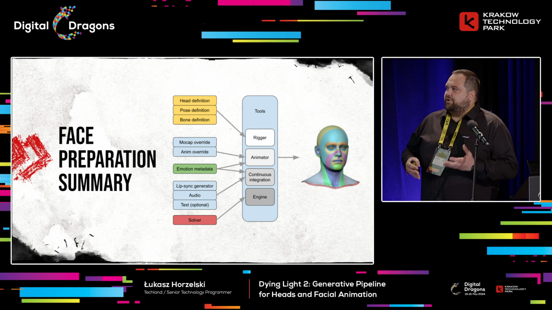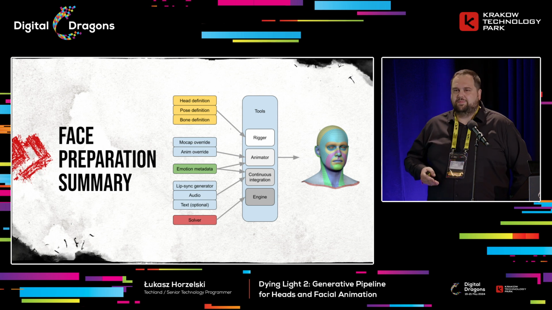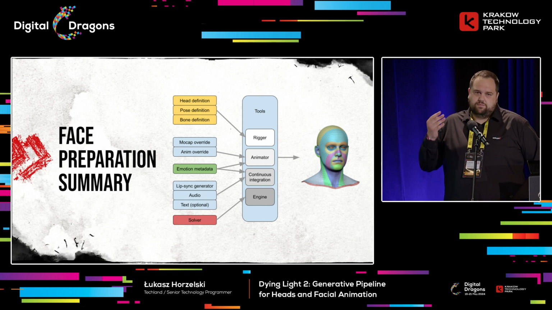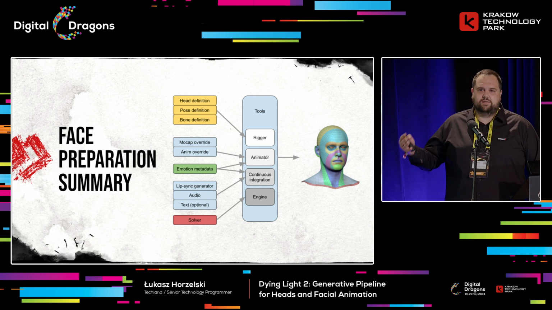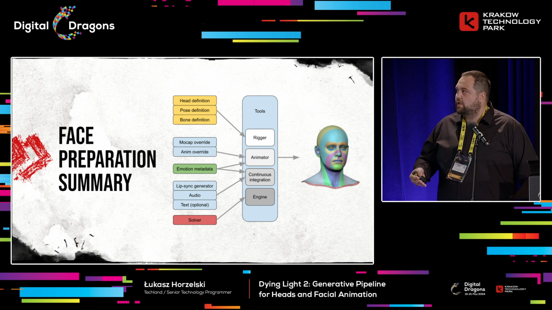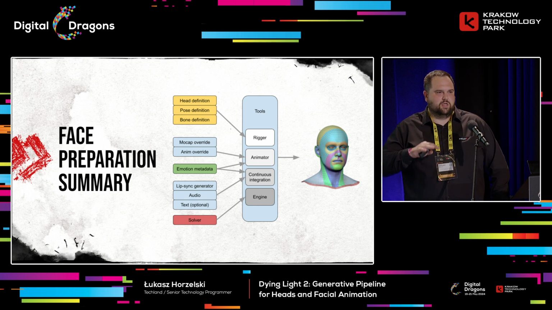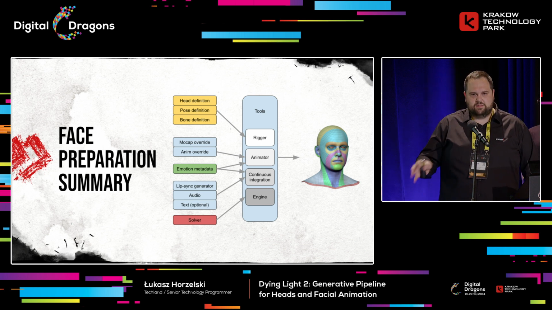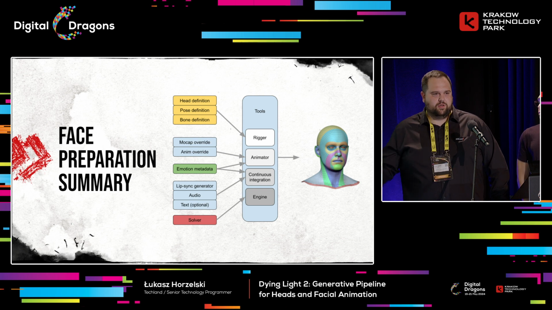After the continuous integration picked up this emotion, we had a lip sync generator, based of course on the audio and maybe optional text. Those processes were up and running under the hood. And in the engine, we had the solver, this controller, which solves all the metadata, all the emotions, all the curves, samples the animation, and picks it up in the game at the corresponding LOD level.